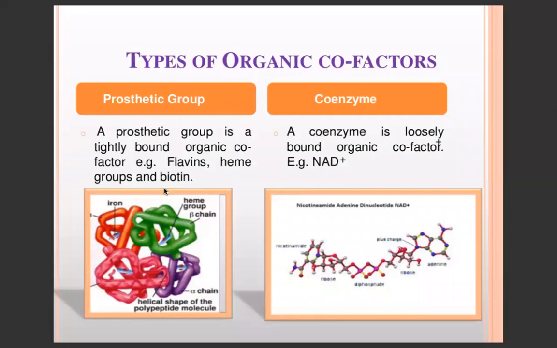These are prosthetic group organic cofactors. And what is a coenzyme? A coenzyme is a loosely bound organic cofactor, e.g. NAD+, which works in various reactions in biochemistry and metabolism.